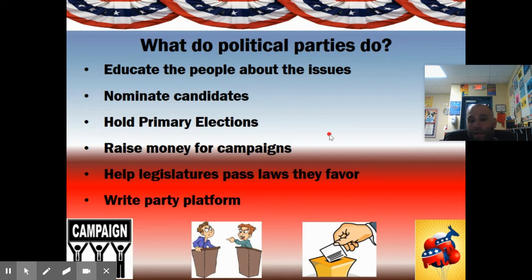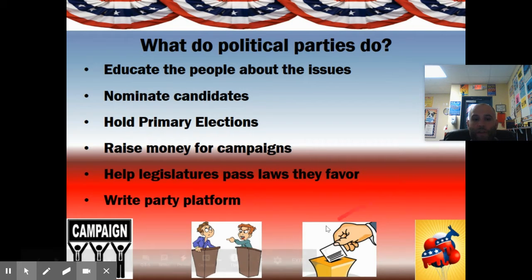They raise money. I read an article the other day that there's going to be $12 billion spent on the presidential election this year. So the Democratic Party and the Republican Party will raise money and spend that to help their party win the election. They help legislators pass laws that favor their beliefs. The Democratic Party will try and pass laws that benefit Democratic beliefs.